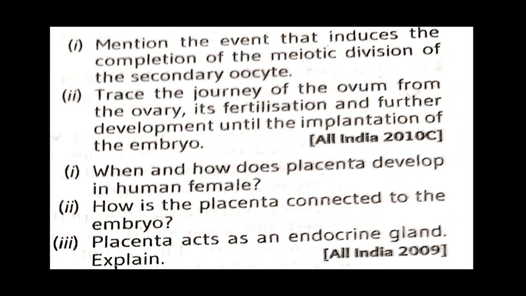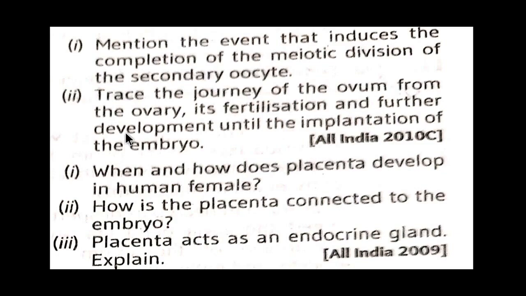So first you will be writing, mention the event that induces the completion of meiotic division. Which was the event? So you will write secondary oocyte completes meiosis II only when a sperm enters its cytoplasm. It forms a large cell, an oocyte, and a small cell, second polar body. Okay. Now this is of 1 mark, and then this is of the 4 marks.